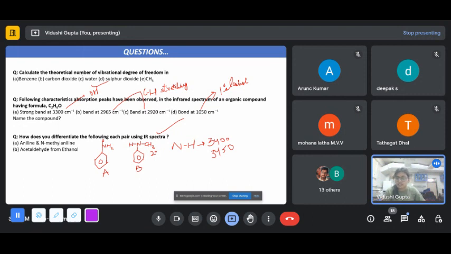Now moving to the next, acetaldehyde from ethanol. So how will you differentiate acetaldehyde? Acetaldehyde is CH3CHO, from ethanol. Ethanol is C2H5OH.